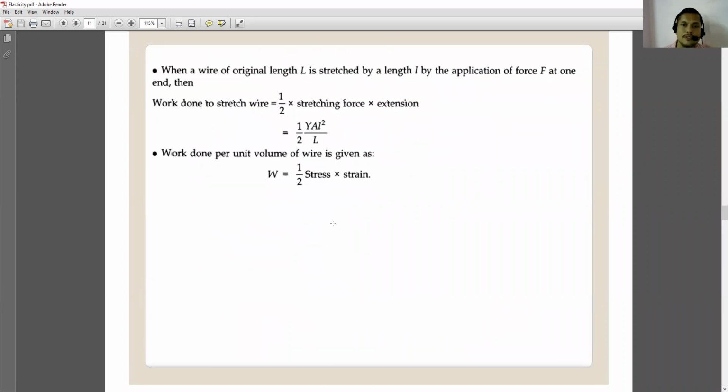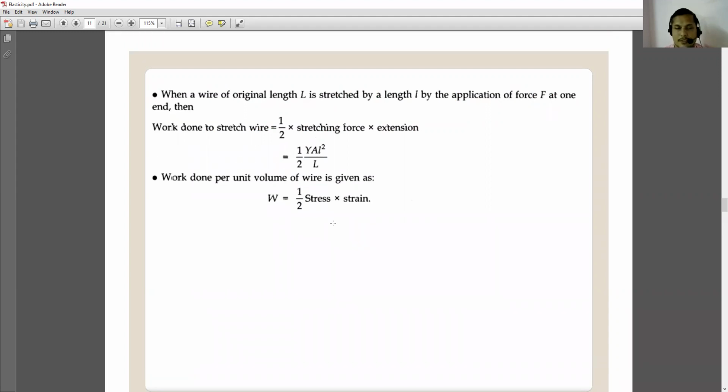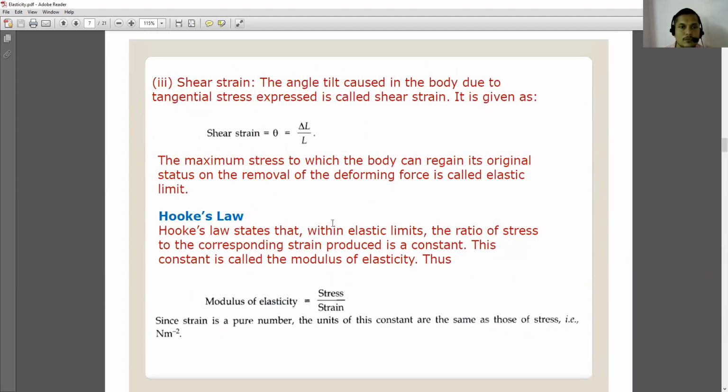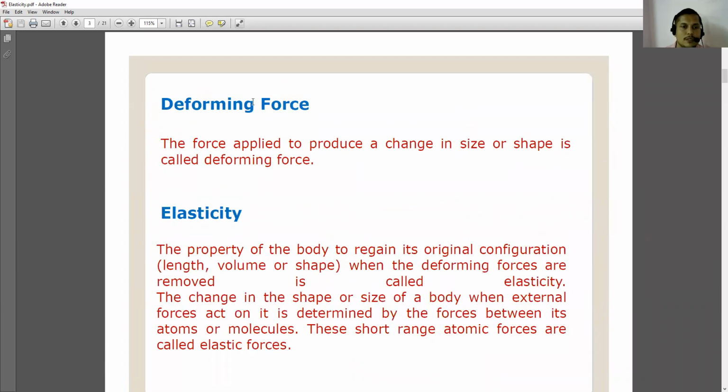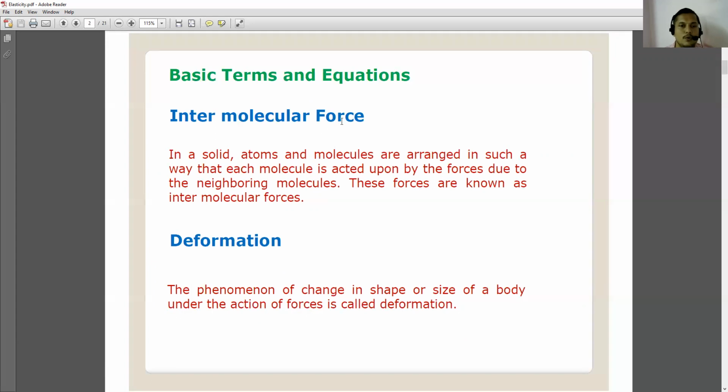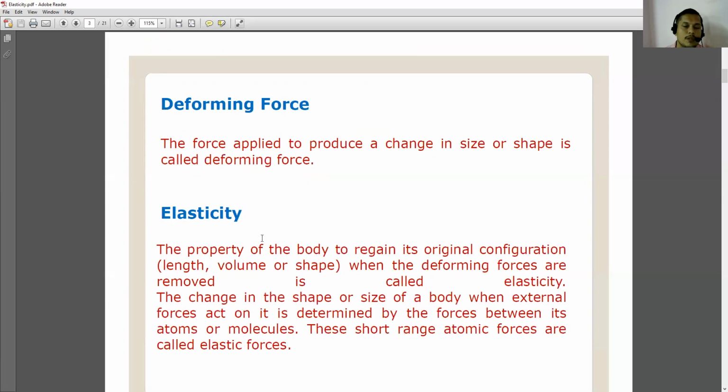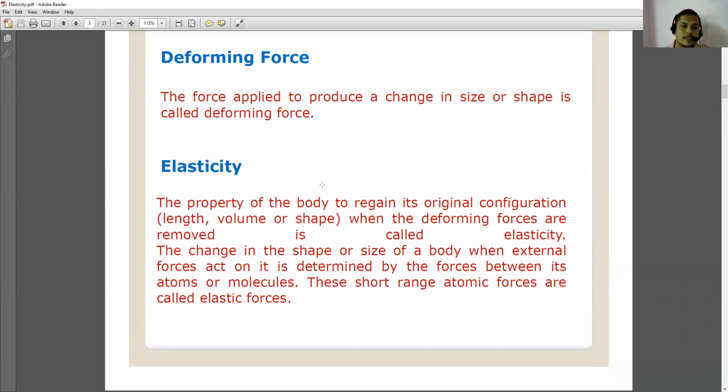So let us revise what we have discussed. We started with the basic terms, that is intermolecular force, the first point. Then what is meant by deformation, how the shape and size of the material change due to deforming force. Then elasticity, the property of a body to regain its original shape and size.